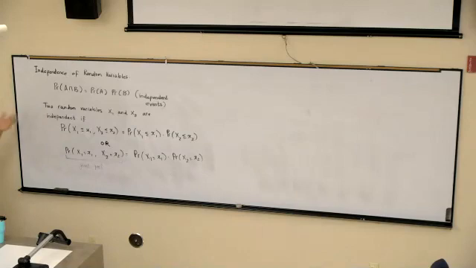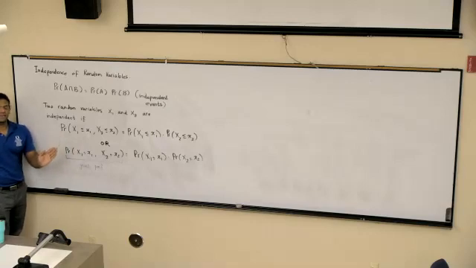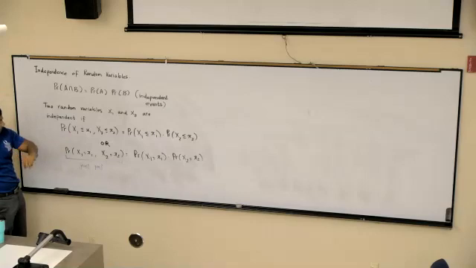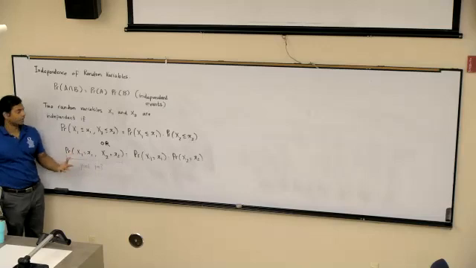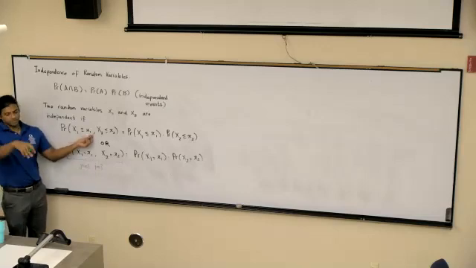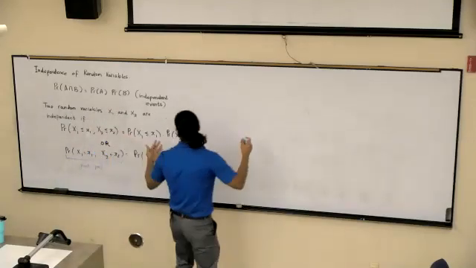For discrete random variables, you should be able to write the joint PMF as a product of the individual PMFs. The comma here indicates intersection. We don't want to write intersection time and time again, so we simply use a comma.